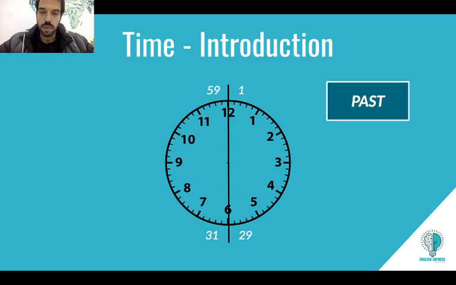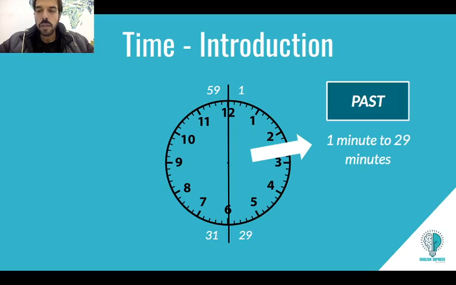Our examples: it's 1 past 8 and it's 23 past 8, right? So we're going to use past for all the minutes between minute 1 and minute 29. For all of them, we're going to use past.